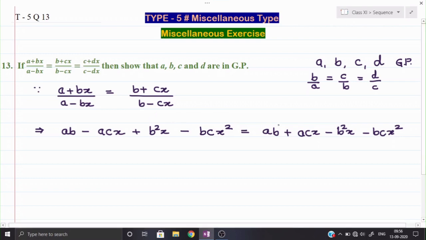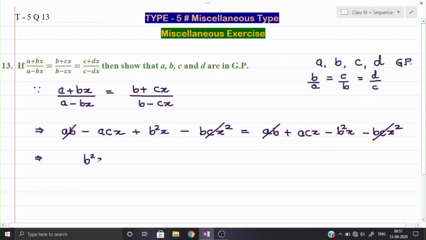Now you observe plus ab and plus ab will be cancelled here. Minus of bcx square and minus of bcx square will be cancelled here. So what is remaining? Minus of acx. Minus of acx we can send on that side, and minus of b square x we can bring onto this side.